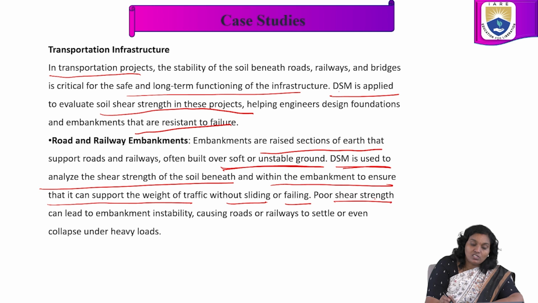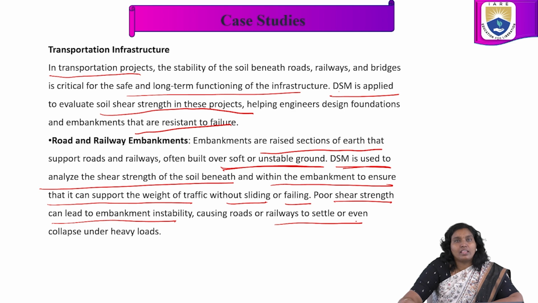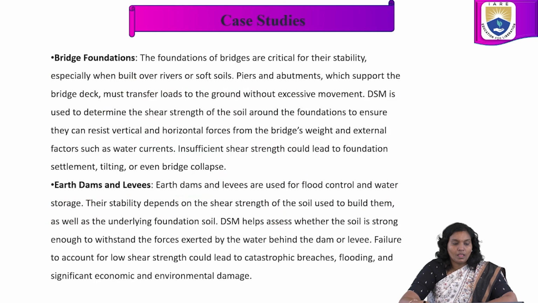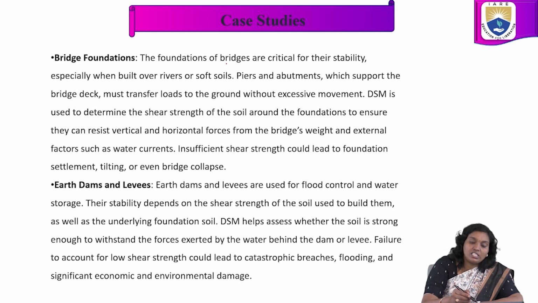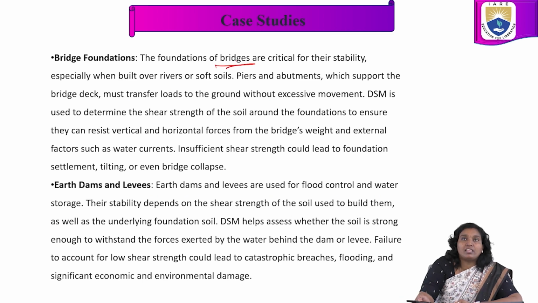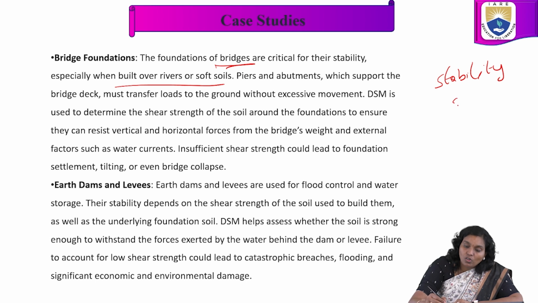Poor shear strength can lead to abutment instability, causing roads or railways to settle or even collapse under highway loads. Now, bridge foundations. The foundations of bridges are critical for their stability, especially when built over rivers on soft soils.